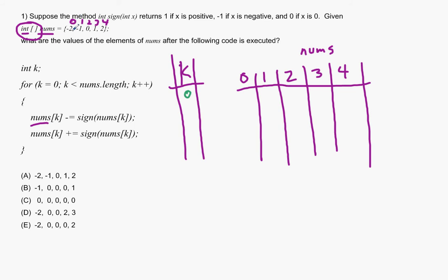And the 0 element of the nums array is going to be -2. And hopefully you're starting to understand this. It's all just a pattern. And 1 and 2. So the value of nums sub 0 is -2. Nums 1 is -1, and onward and upward.